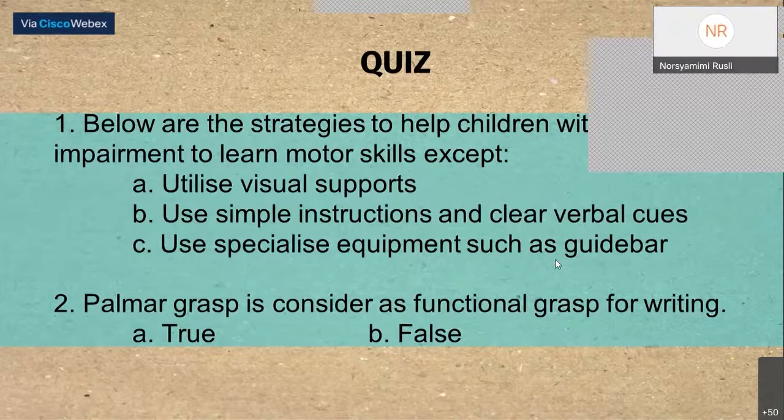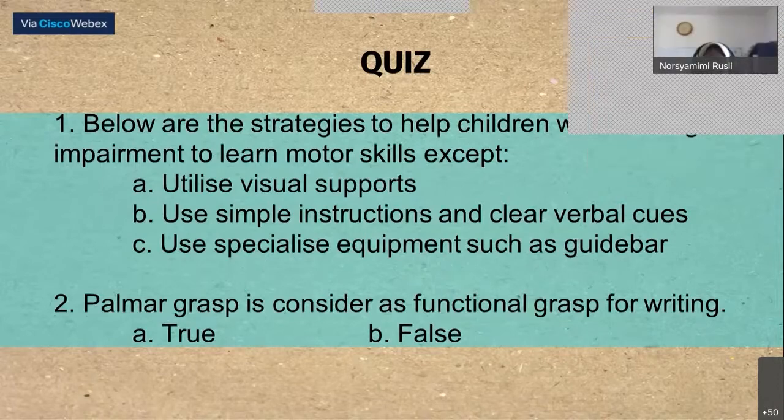A guide bar is usually for visual impairments, and we're talking about hearing impairments. Some teachers here also have trouble with internet connection. It's okay. Number 2, A, true.